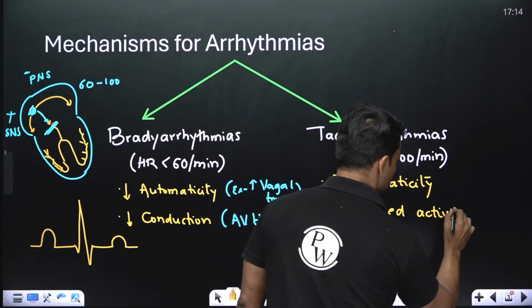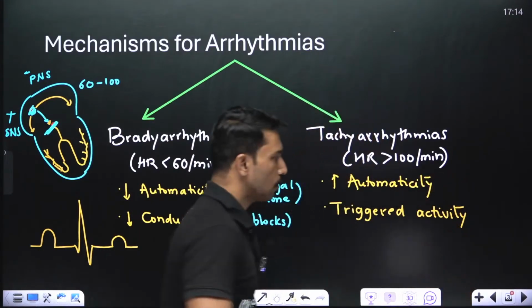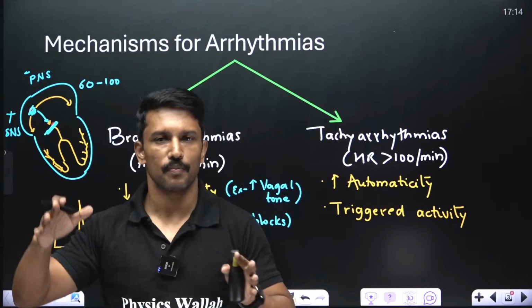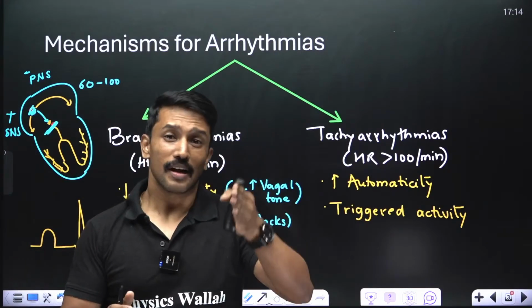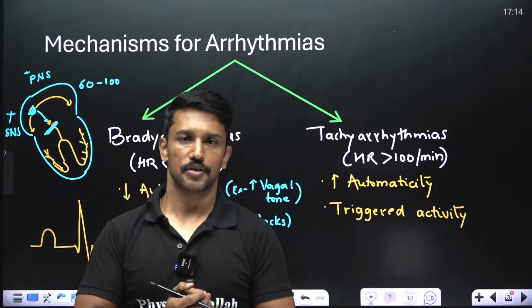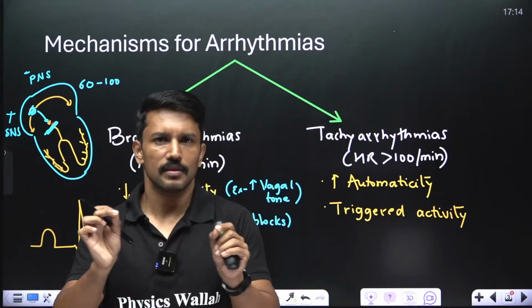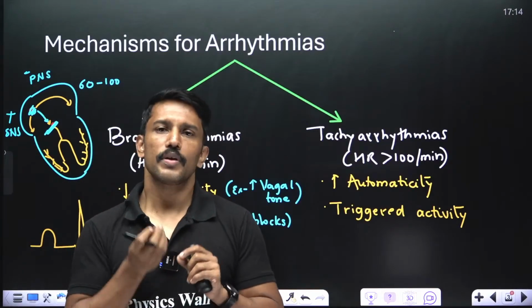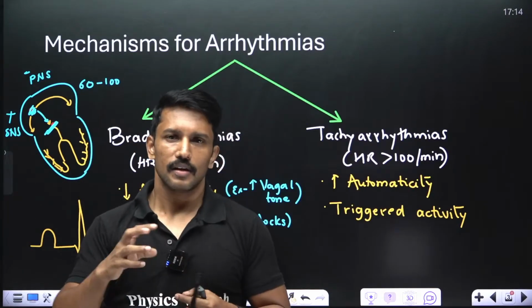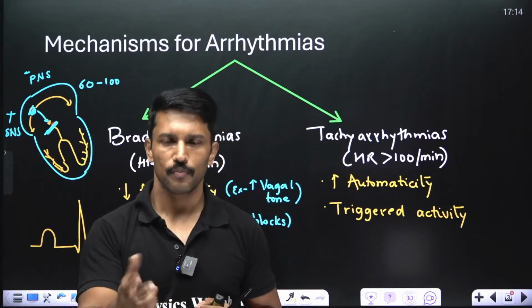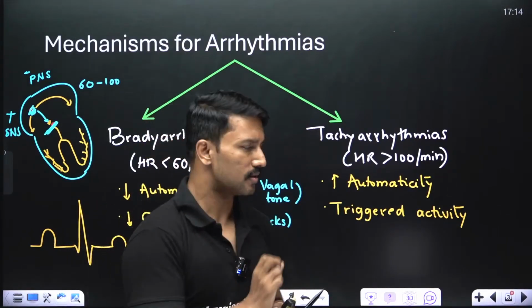Normally, when we look at the action potential of the heart, we have these different phases: the depolarization, early repolarization, plateau, and then delayed repolarization. After that, the next complex will appear after some time. There is a time gap. Now, I can trigger another event of depolarization, and that can cause arrhythmias. We'll discuss more on this in a bit.